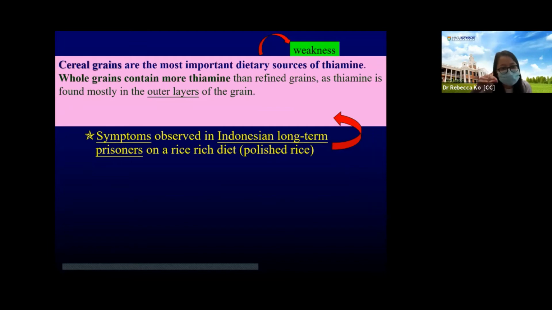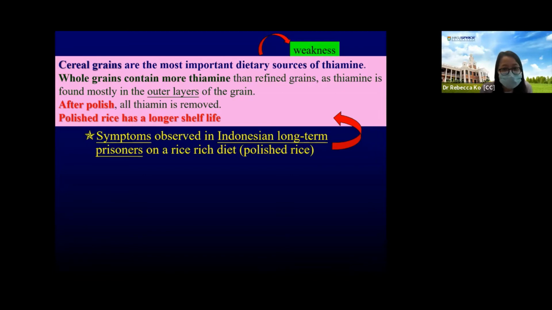And actually the cover, the outer layer, is rich in thiamine. But if they are polished, the thiamine is removed. So without the thiamine after polishing, if people are fed only rice, or mainly rice, you may not have enough intake of thiamine, right?